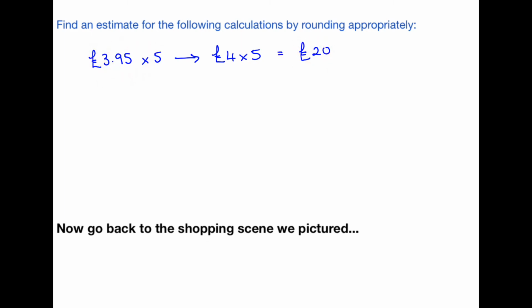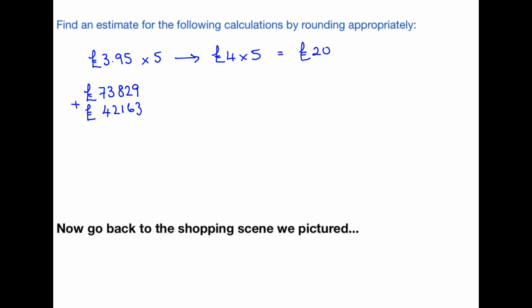Okay, so just one more, I think. If we were spending £73,829 and £42,163, if we were spending that amount, now let's not add it up carefully, let's find an estimate.